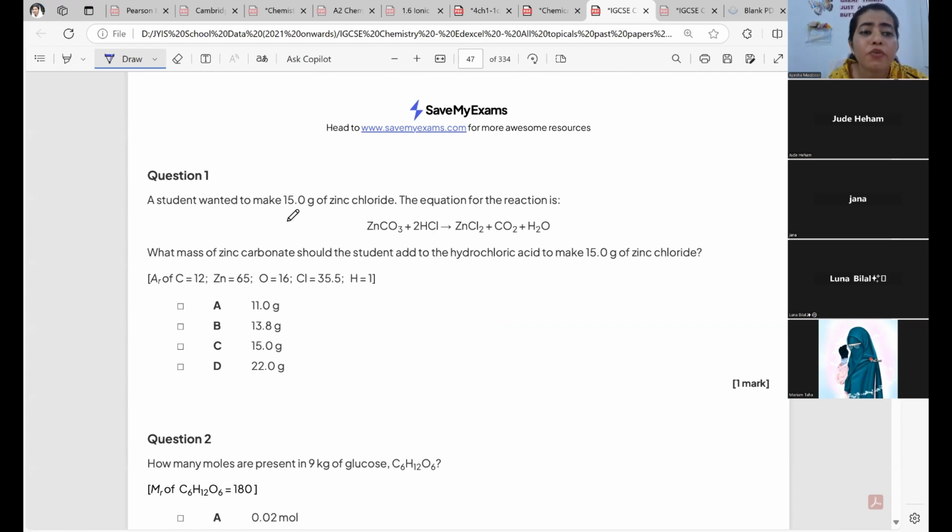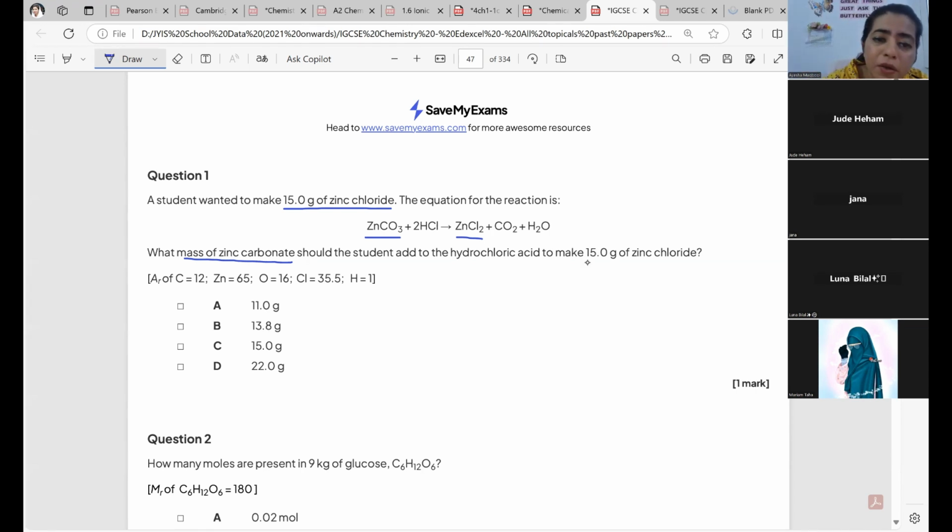The question is, a student wanted to make 15 grams of zinc chloride. ZnCl2 is zinc chloride. Wanted to make means it is a product. The 15 gram mass of this zinc chloride is given to you. What is the mass of zinc carbonate, ZnCO3, that is needed to add to the hydrochloric acid to make 15 gram of zinc chloride?